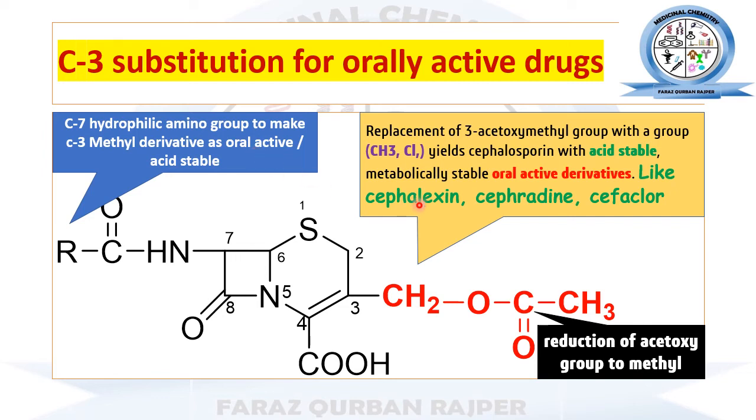So all the cephalosporins like cephalexin and cefaclor, which have methyl or chlorine at the C3 position, must also have the amino group at the C7 position. This hydrophilic group makes them stable against acid hydrolysis, or against the acidic media. That's why they can be used for oral formulation.